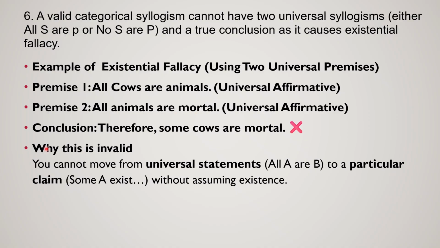Why is this invalid? It is because you cannot move from a universal statement, all S are P, to a particular claim that some S exist without assuming existence of all of them. And that is why this argument has an existential fallacy.